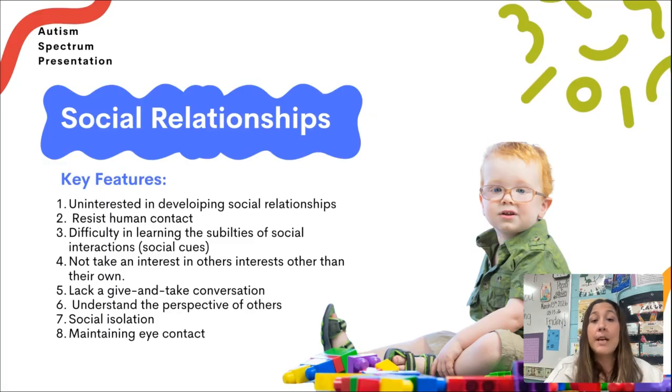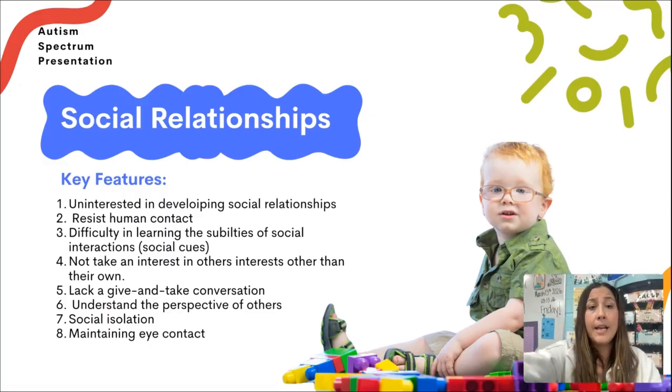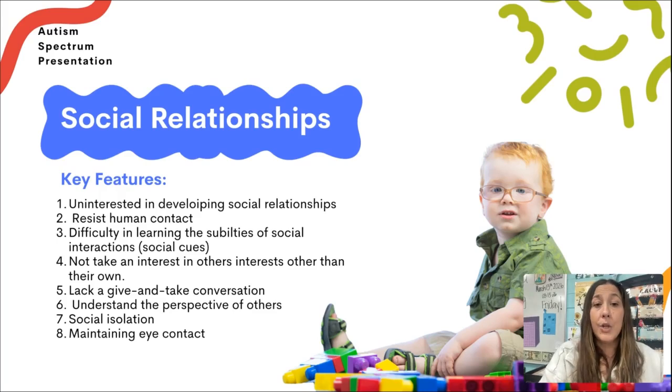Most of the time, they're uninterested in having social relationships with other peers. You'll notice that they do resist human contact, and that they have difficulty learning social cues from other students. So there's just no interest there for them to socially interact with their peers or their teacher for that matter. They do not see others as socially connecting with them.